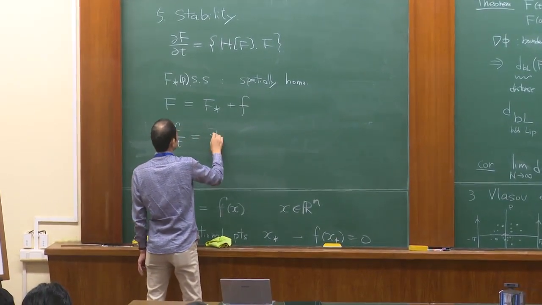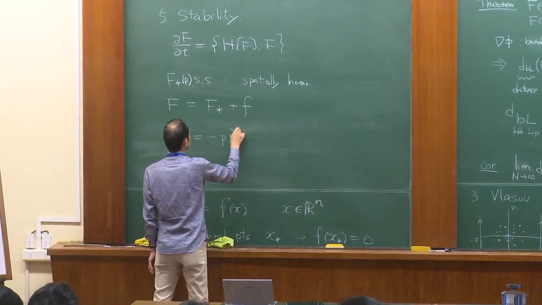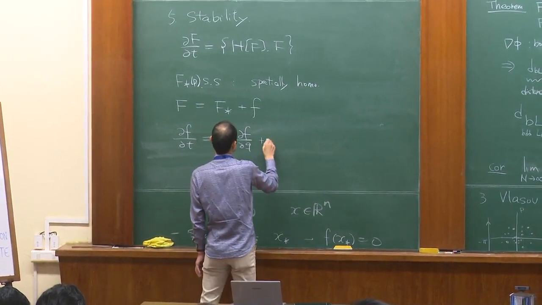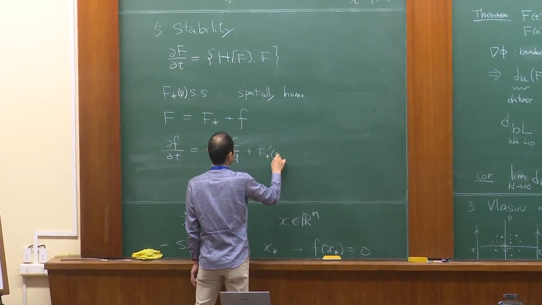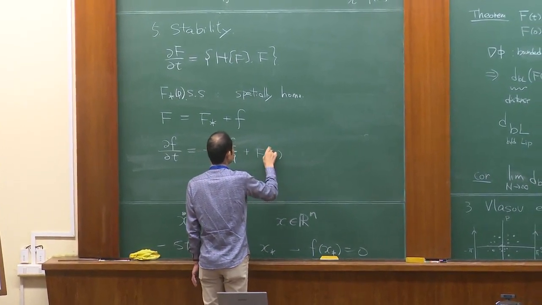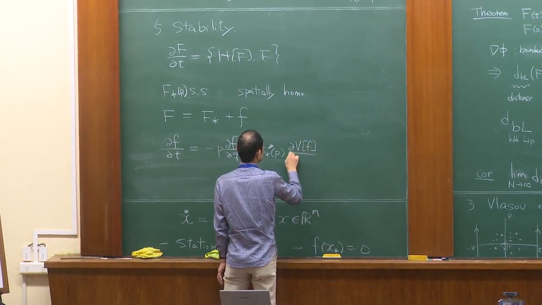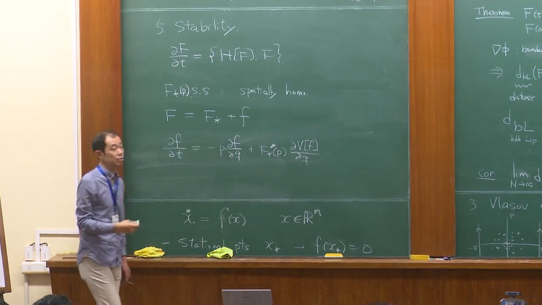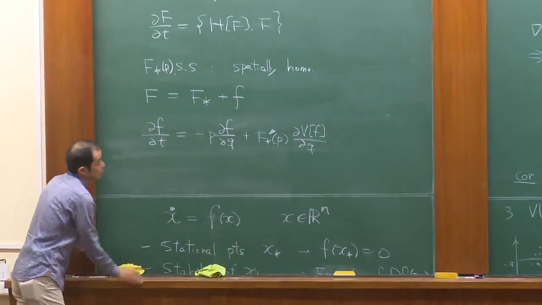And the linearized equation around this f star is this, with f star prime of P, where Q is the previous potential functional. So this is a linearized equation.